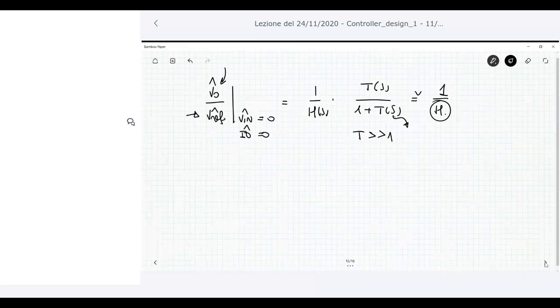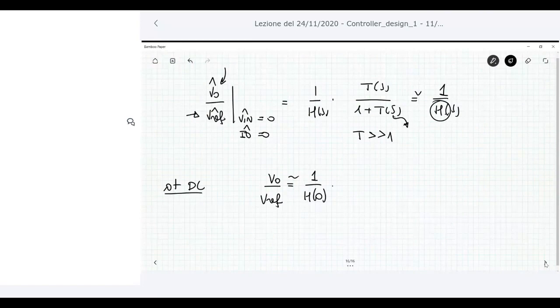The open loop gain T depends on the s variable, so on frequency. At DC, V naught over Vref is more or less 1 over h0. So at DC, the steady state quantity depends only on the DC value of this sensor gain.